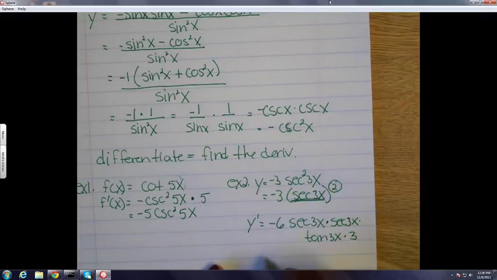So simplifying that, a secant 3x times a secant 3x is a secant squared 3x. We do need to bring those together. The 3 can come to the front and give us a negative 18 secant squared 3x times tangent 3x.